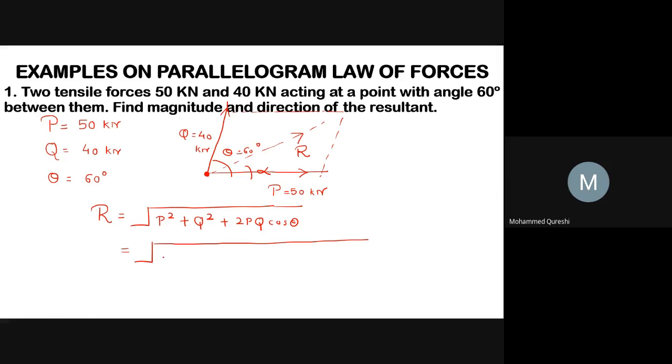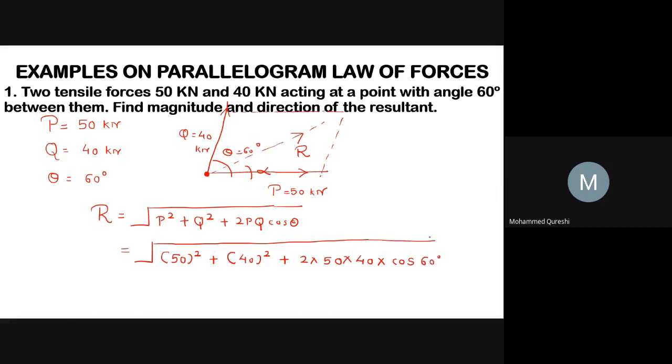We have given capital P as 50 kilonewton. So 50 square plus Q as 40 square plus 2 into P, the value of P as 50, into the value of Q as 40, into cos of theta, which is 60 degree.